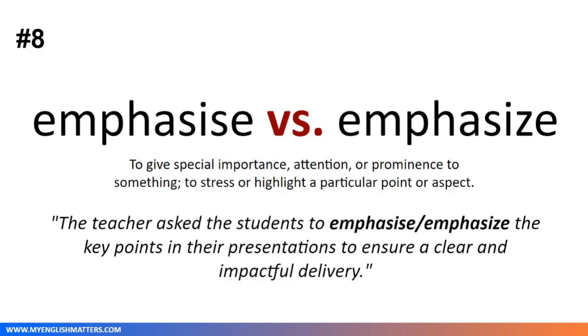The teacher asked the students to emphasize the key points in their presentations to ensure a clear and impactful delivery. So, as you can guess, British spelling prefers the ISE, so it's with an S, and American spelling prefers the IZE spelling, emphasize.